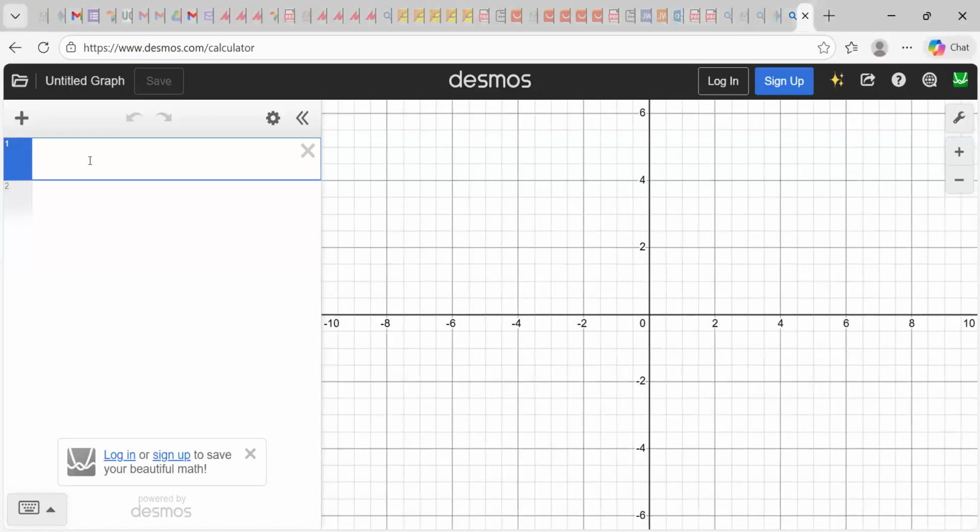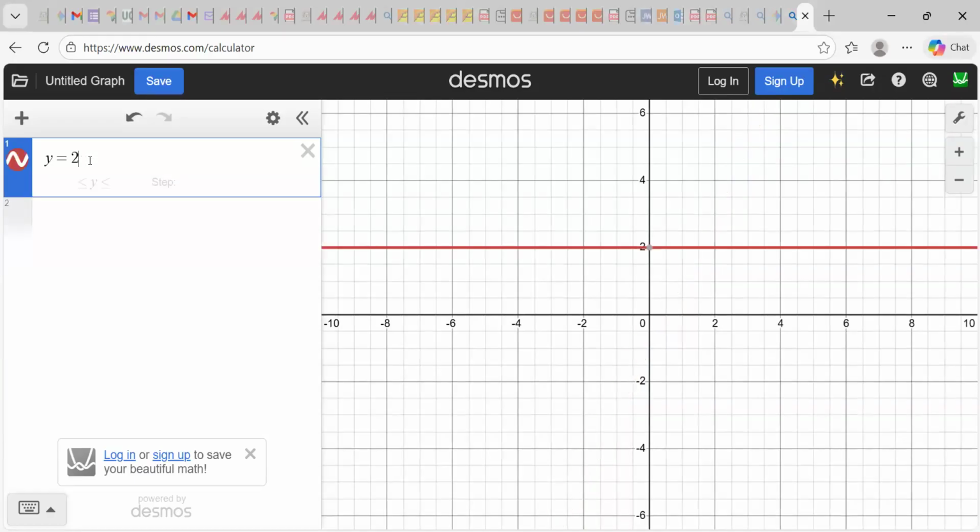Give me a second. Desmos. I really love this program. So you're seeing this, right? So we're going with y equals, what was it? 2x minus 1 over, oh no, I think I did that wrong.